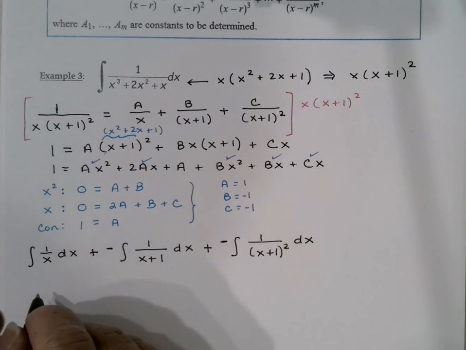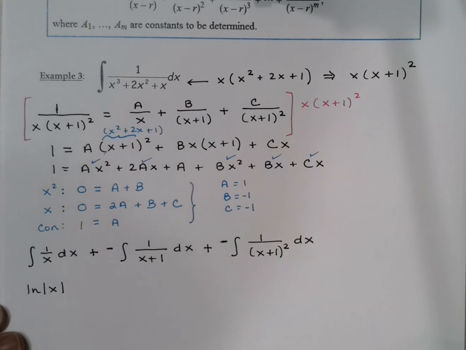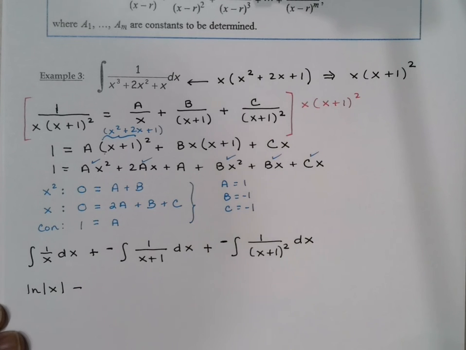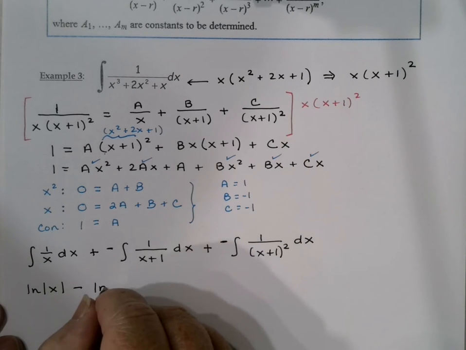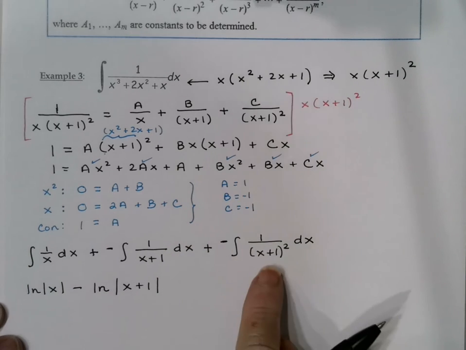So integrating is going to give me the natural log of the absolute value of x minus, notice here no correction factor, right? The derivative of x plus 1 is just 1. So if I were to let u be that denominator, no correction would be necessary. I'll just get the natural log of x plus 1.